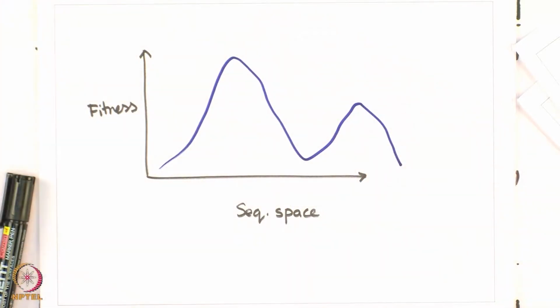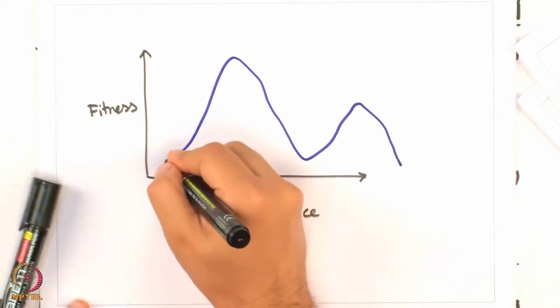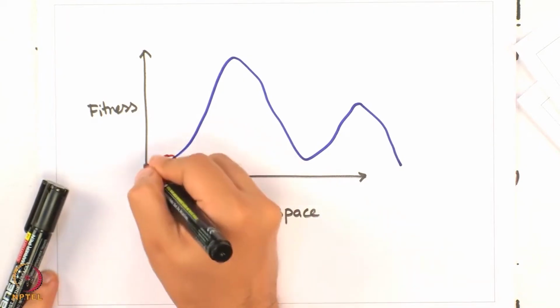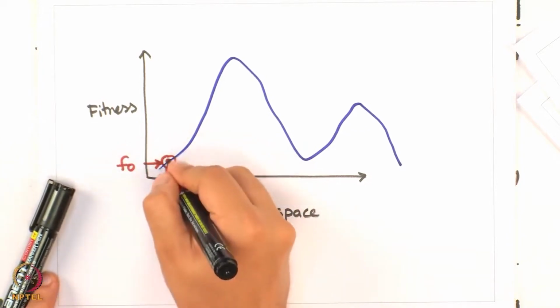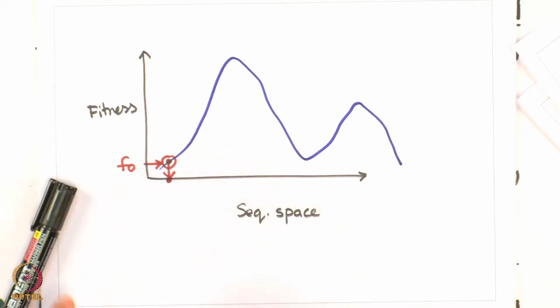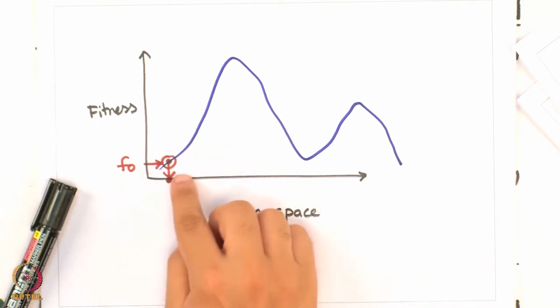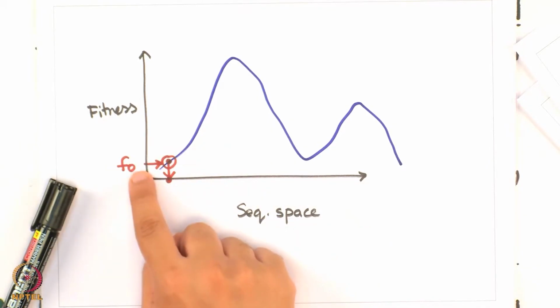And now in the evolutionary experiment that I am starting with, this is the point where fitness of the individual was F naught, and this is the genotype of my starting cells. Everybody in the starting population had this particular genotype and this particular fitness.